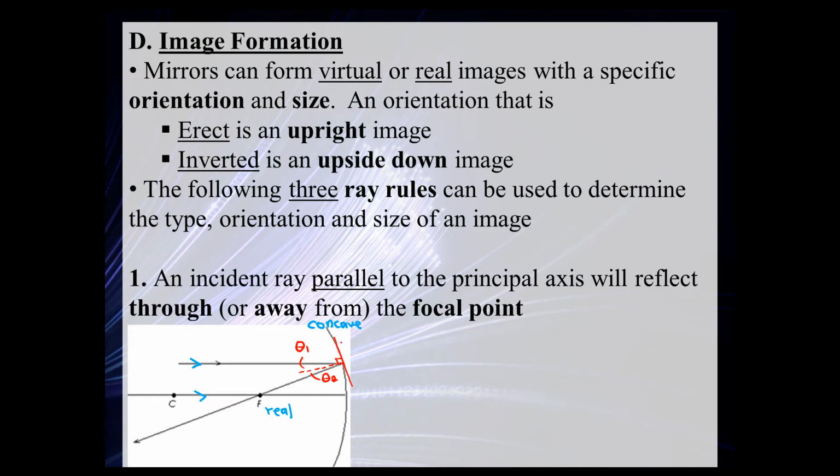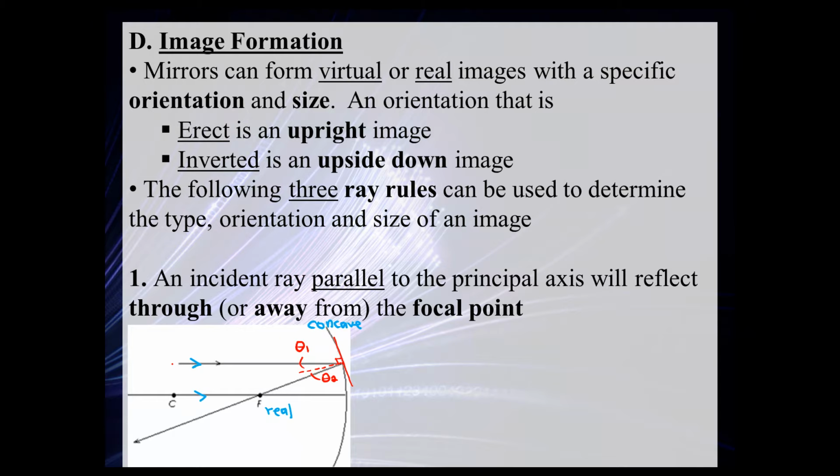We're not going to do this because drawing tangent lines involves quite a bit of error. So we're simply going to memorize the rule and just use it. So just take this as being true. If you did want to prove these rules, you could do it by drawing a tangent and applying the law of reflection, but we're not going to do that because it's too time consuming and there's too much error involved in drawing the tangent. Okay, so that's the first one.